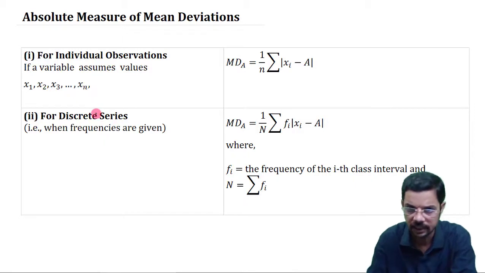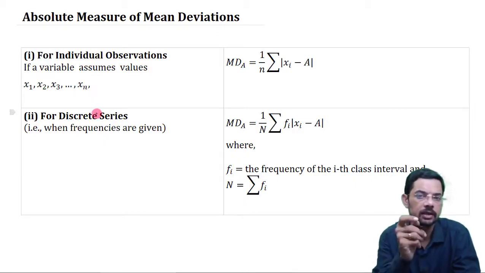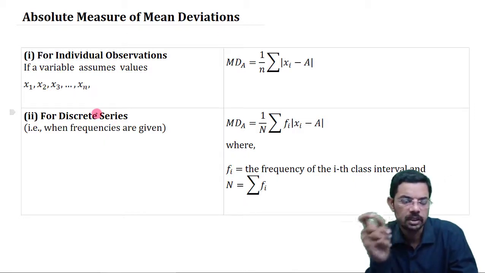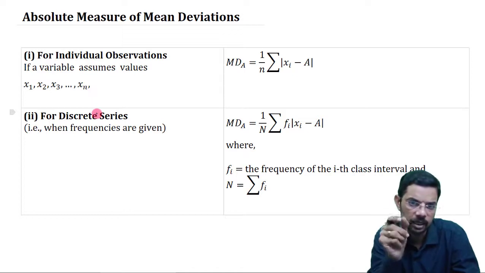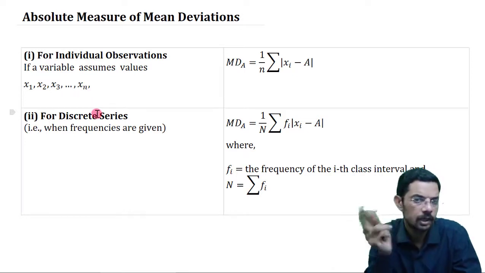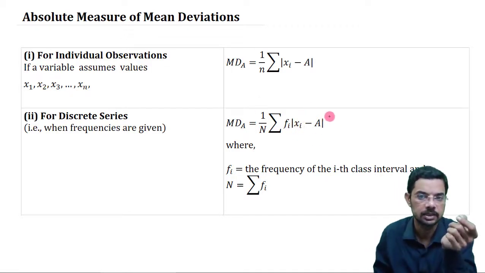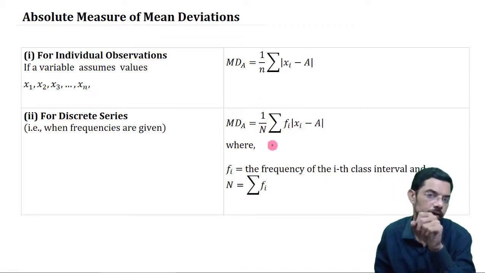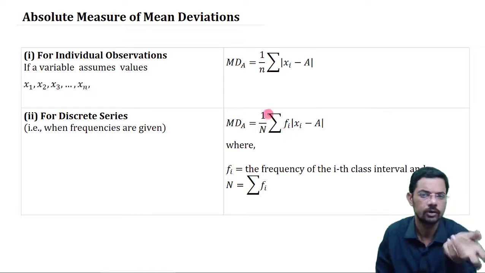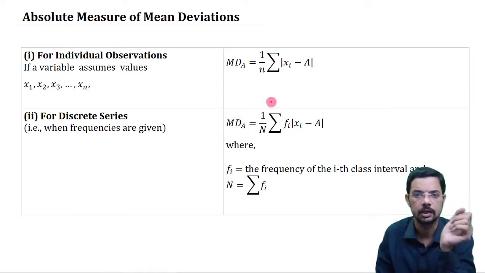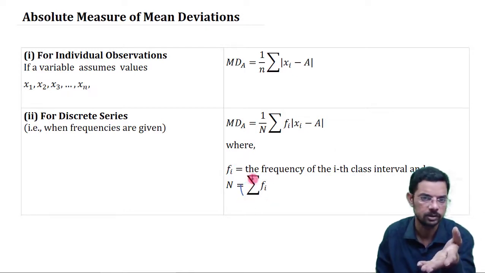Then that particular observation xi repeats fi number of times. So, the corresponding deviations xi minus A will also repeat fi number of times. Therefore, the formula becomes like this. Instead of small n, it becomes capital N, where capital N is the sum of all frequencies.